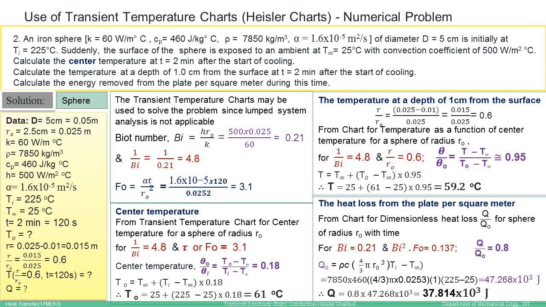So after time t equal to 2 minutes, the center temperature of the sphere is 61 degree Celsius, whereas the same for slab was 141 degree Celsius. That can also be checked by the last term, that is Q by Q naught, which is equal to 0.8 for sphere, whereas it was 0.45 for the slab.